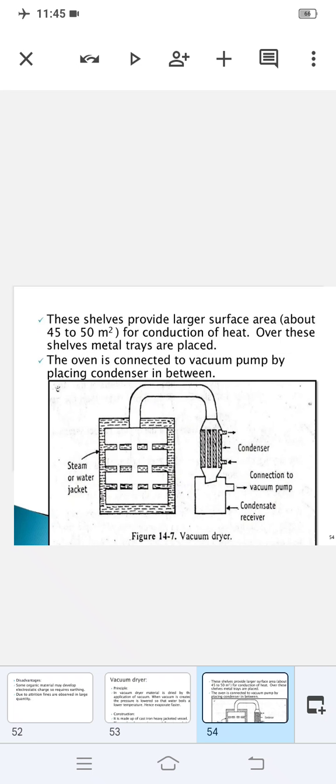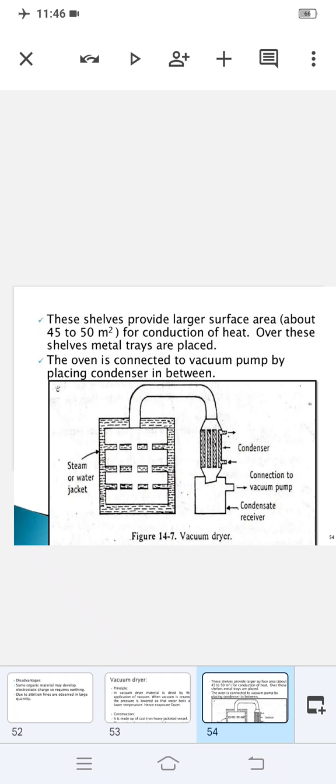The mechanism of heat transfer here is conduction. At this point, the vacuum evaporation of water from the material takes place at just 25 to 30 degrees Celsius, on account of the lowering of the boiling point of the water. The water vapor passes into the condenser where condensation takes place. At the end of the drying, the vacuum line is disconnected and the material is collected from the trays.